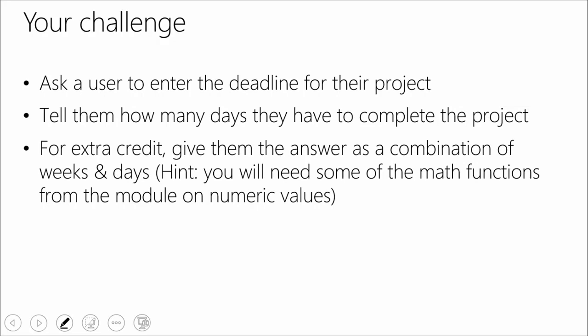Okay, so with that, I have a challenge. All right, and this one, be prepared. You've seen us struggling with the formats of this one, so this one's going to be a little more difficult for you because you're going to have to deal with some of the formatting issues. So what you want to do is ask your user to give you a deadline, and figure out how many days they're going to have.